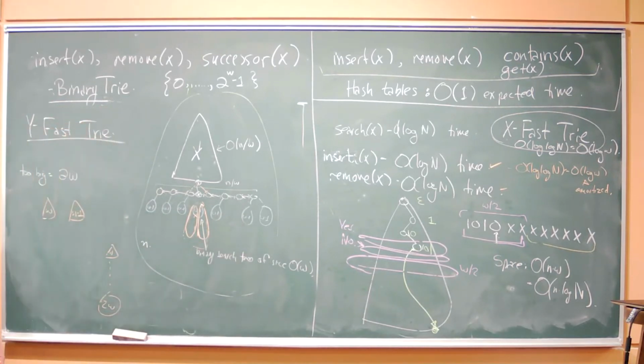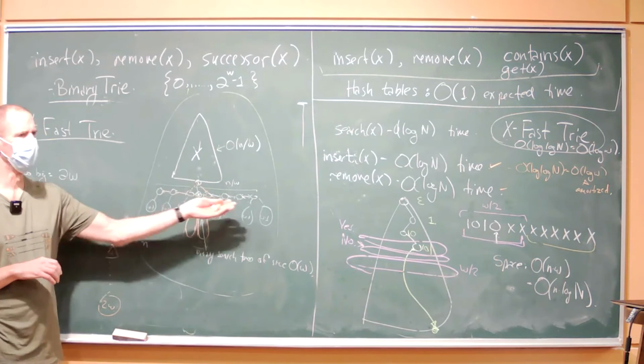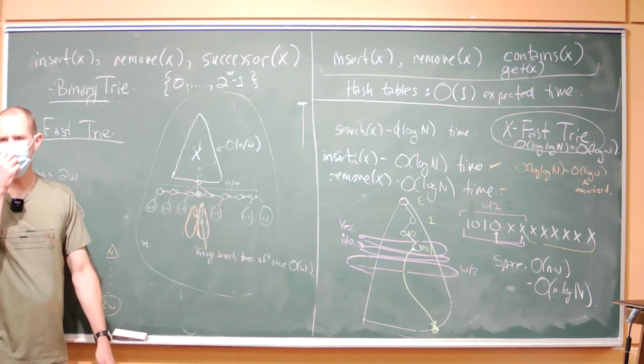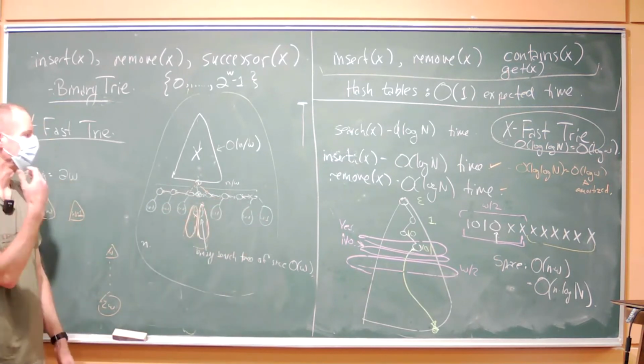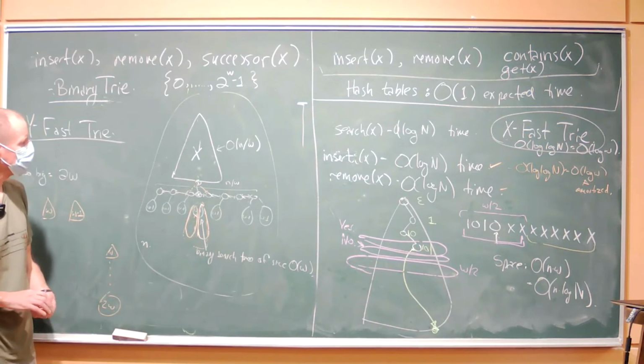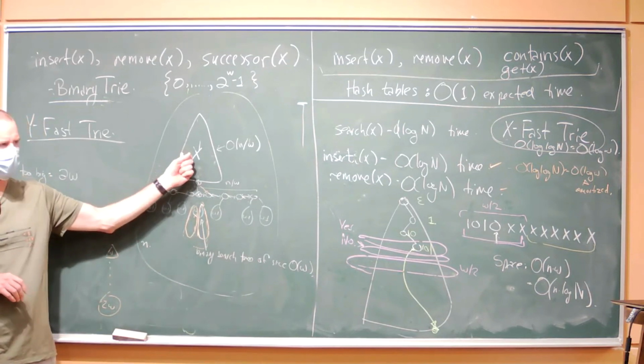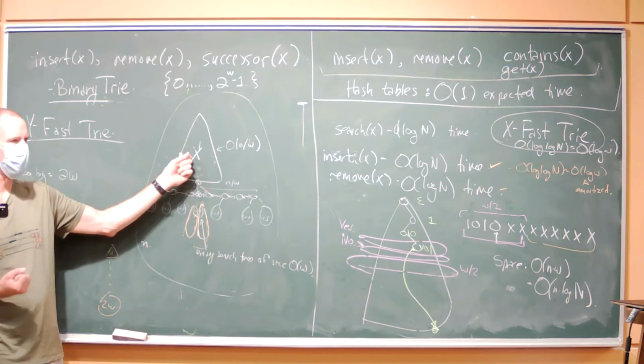Now, why is that a problem? If I just emptied one of them, it may not be such a problem, but I could also get into a situation where I empty all of them, in which case I'm now storing whatever my current number n of elements is, but they're all in the XFAST tree. And that's bad news again.